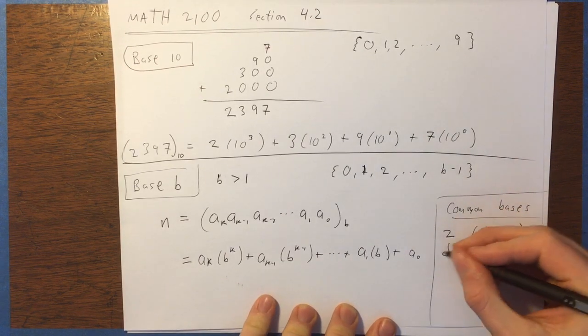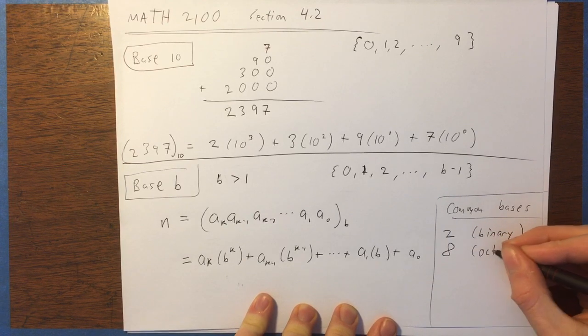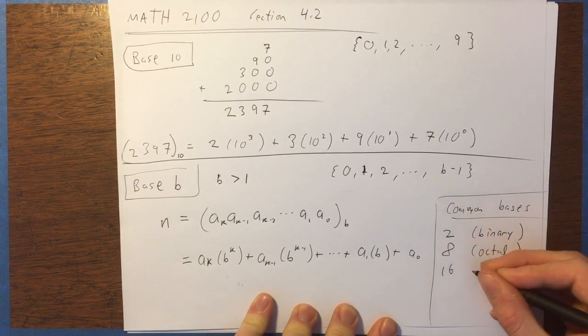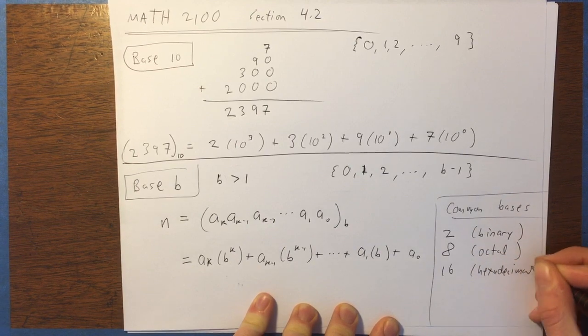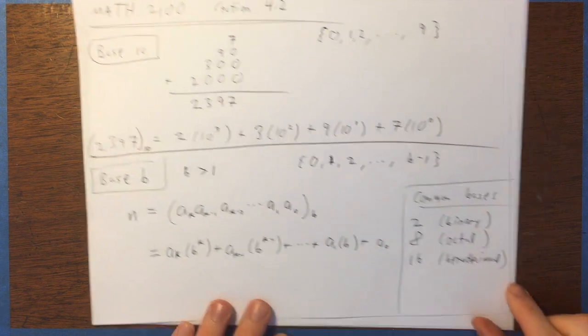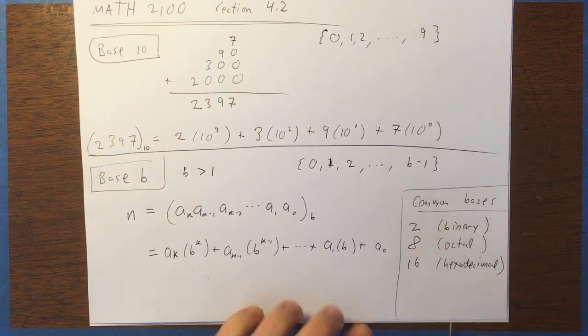But we also have base 8, which is called octal, and base 16, which is called hexadecimal. Base 2, 8, and 16 are probably the most common bases used in programming or computer science in general.